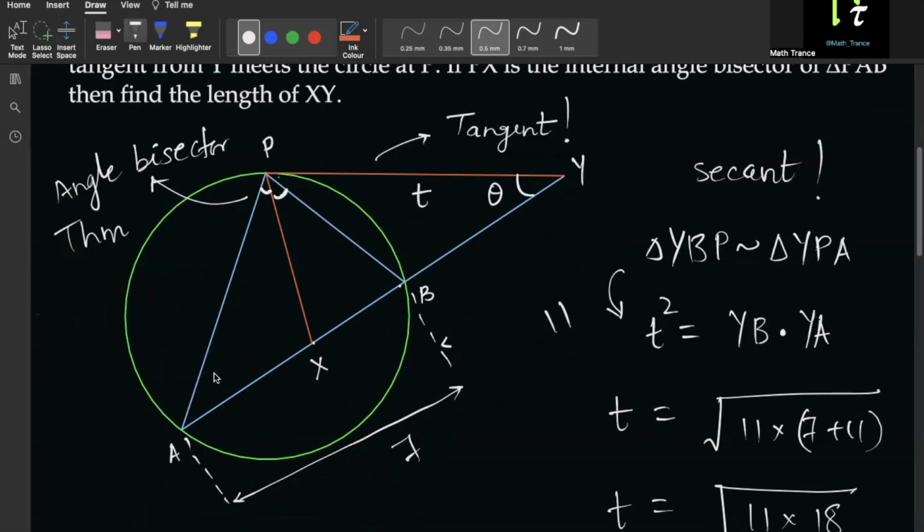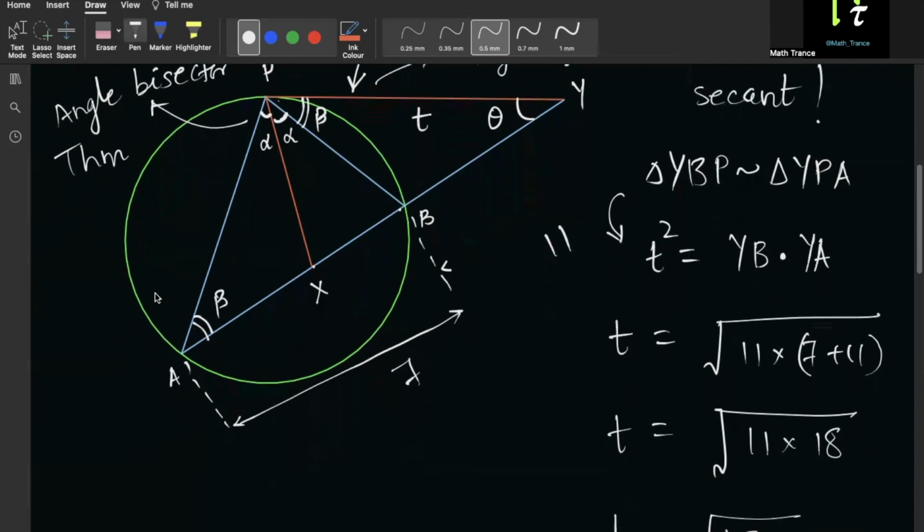Okay. One thing to note is that this length PY is a tangent. So let me assume this angle to be alpha and let this angle be beta. Now because this is a tangent, therefore this angle must also be beta.